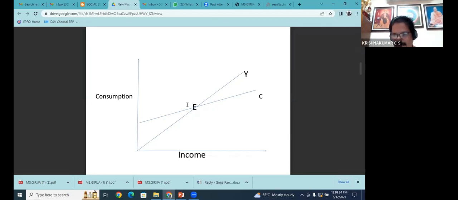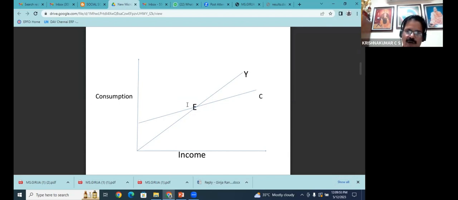APC is the ratio between consumption and the corresponding level of income. The main features of APC are: APC can never be 0, APC can never be negative. APC is equal to 1 when consumption and income are equal, that is at the break-even point.